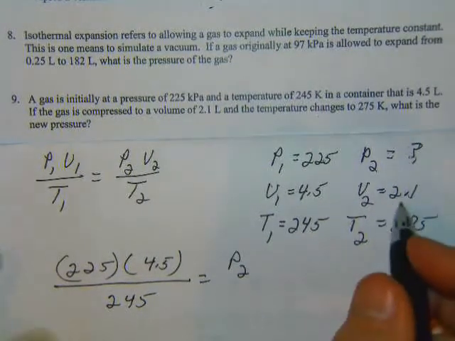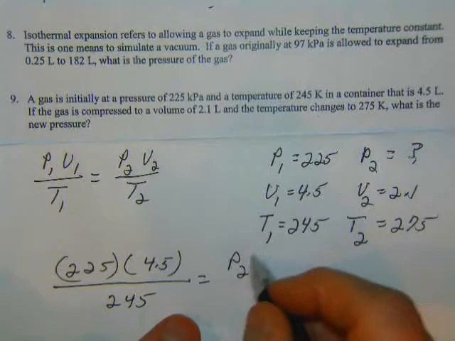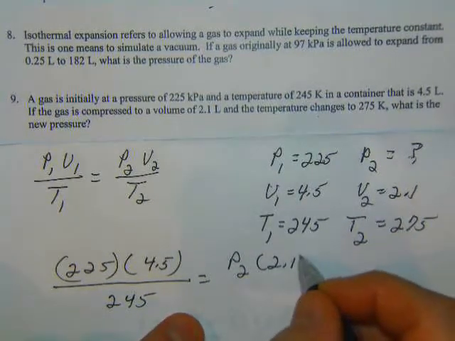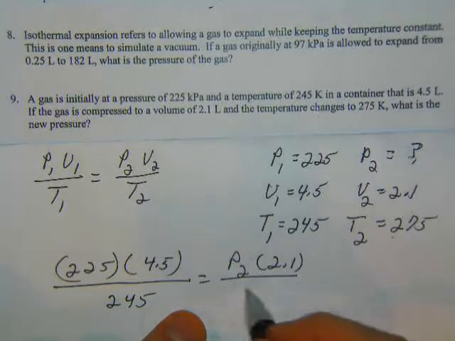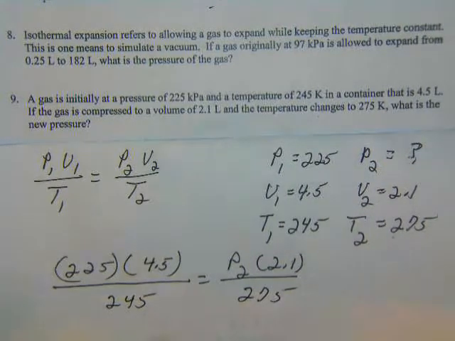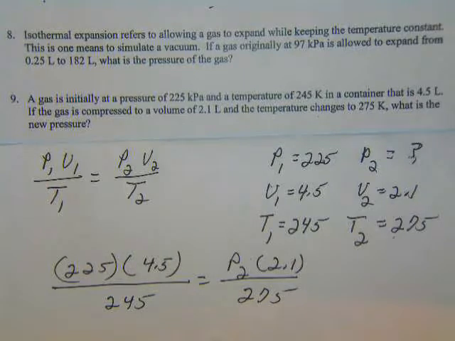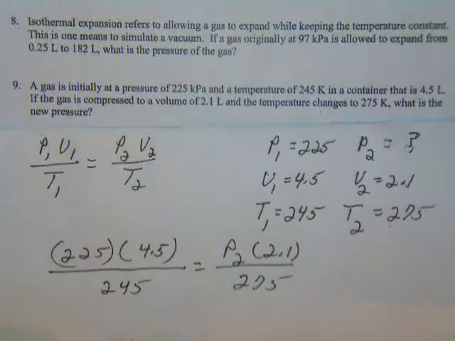We know volume 2 is 2.1, and temperature 2 is 275. Again, it's the classic cross multiply and divide.